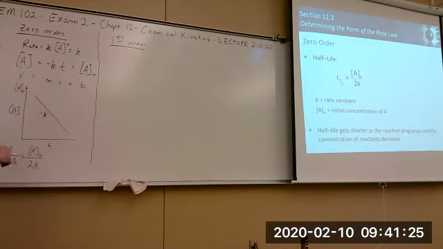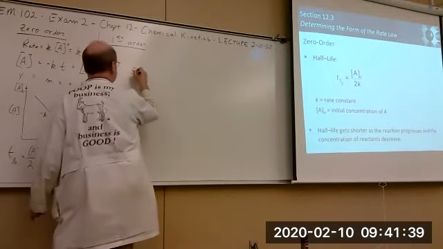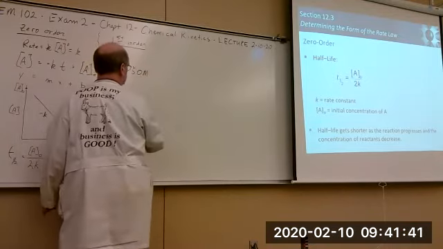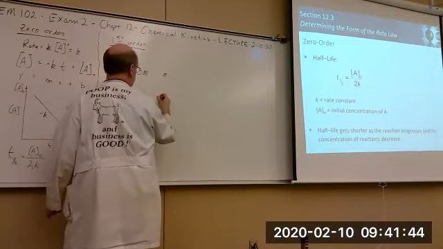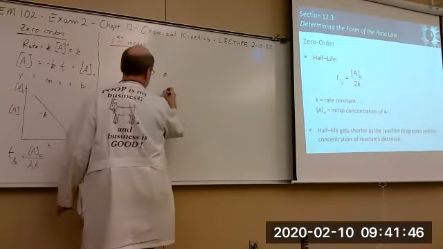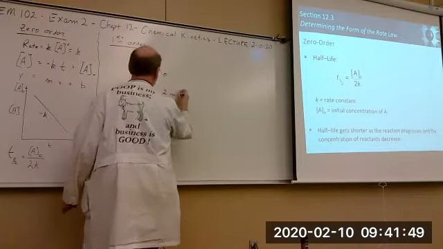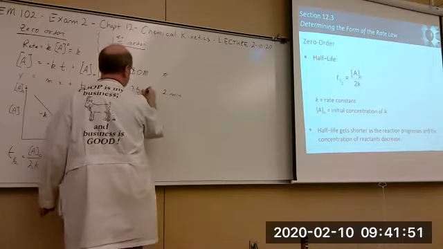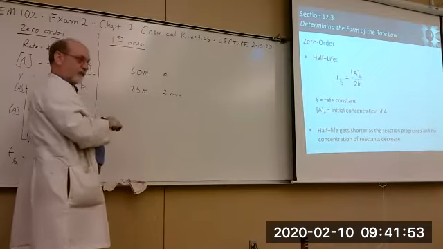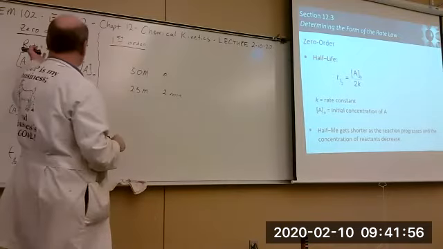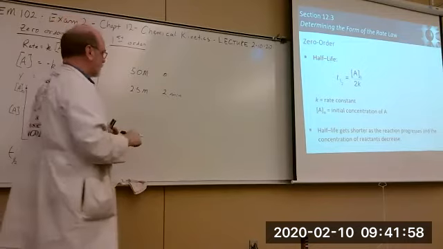Actually, I don't have to determine what K is. If I know what T1/2 is, if I know how long it takes for half of it to disappear, and it takes the same amount of time for half to disappear, say if you started at 50 molar at time 0, and in 2 minutes you have 25 molar. Now, do we know it's zero order yet? Maybe not.